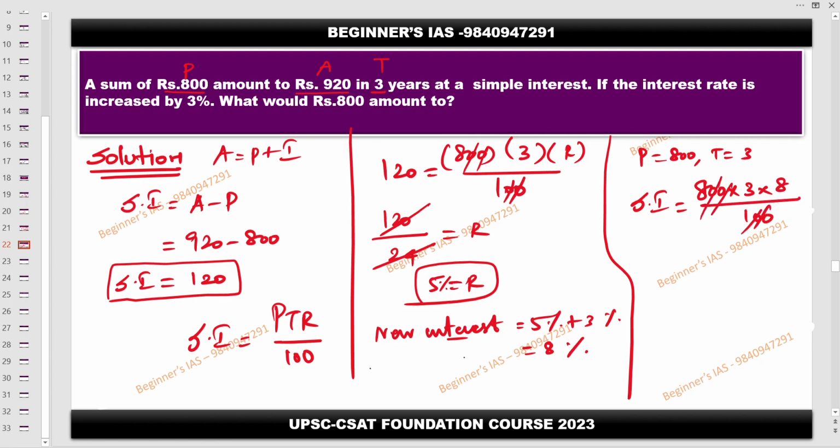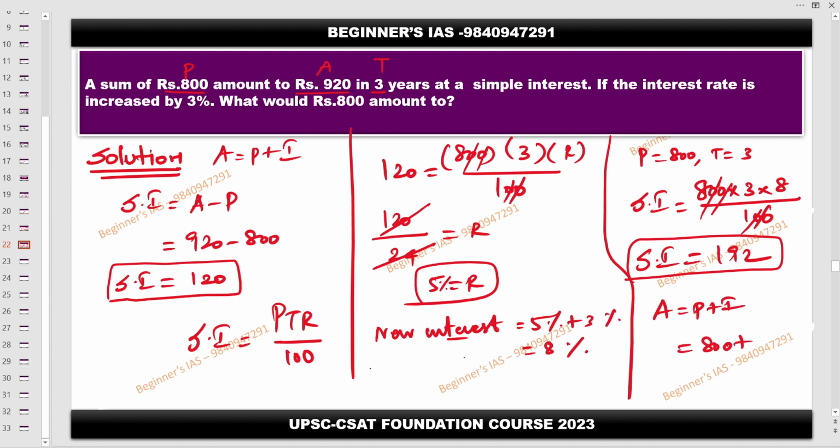The zeros cancel, then 64 into 3. 64 into 3 is 60 into 3 which is 180, plus 4 into 3 which is 12, so it becomes 192. The amount is equal to principal plus interest. The principal is 800, the new simple interest is 192, so the new amount is 992.